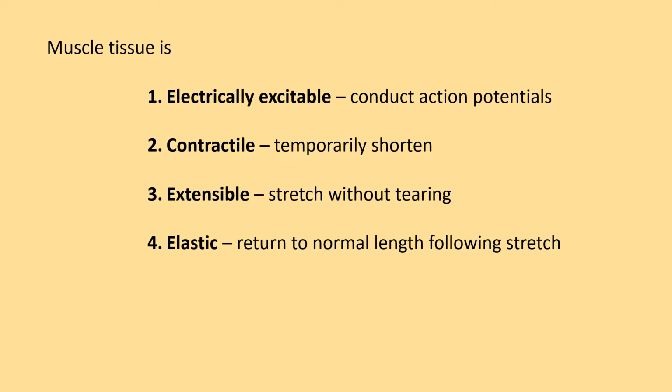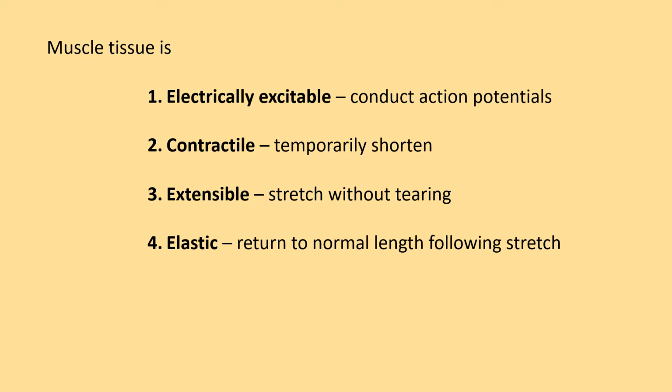And then number 3 and number 4 are new to us. Extensible means that something can stretch without tearing. So perhaps during the pandemic, you've been wearing a lot of pants that have elastic waistbands. Those are extensible waistbands, whereas paper, for example, is not particularly extensible. It's not stretchy.